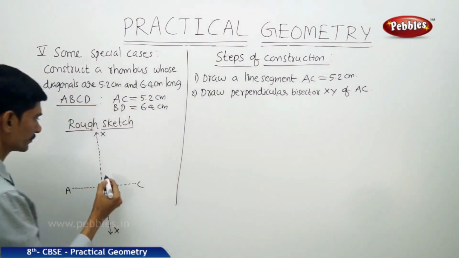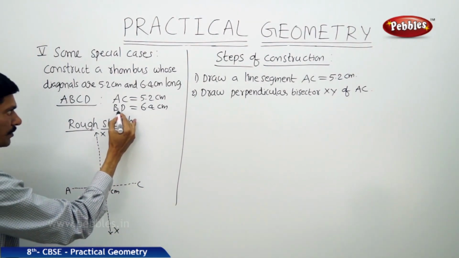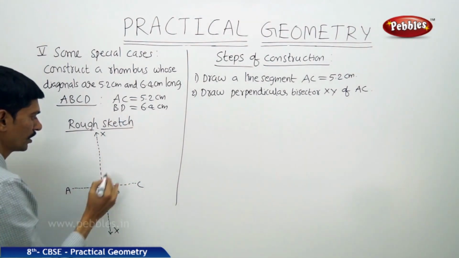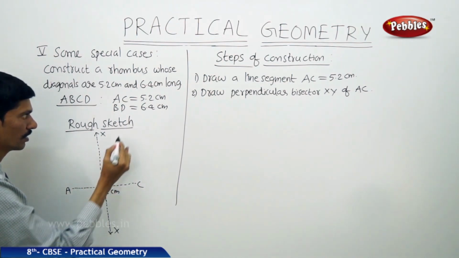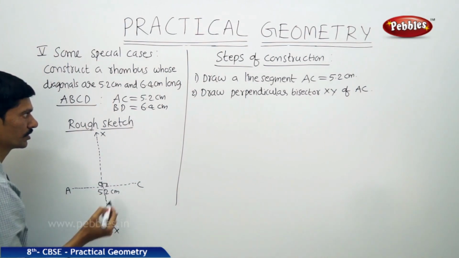Then the second diagonal BD is 6.4 centimeters, and here O is the point of intersection of these two diagonals. Half of 6.4 is 3.2 centimeters.